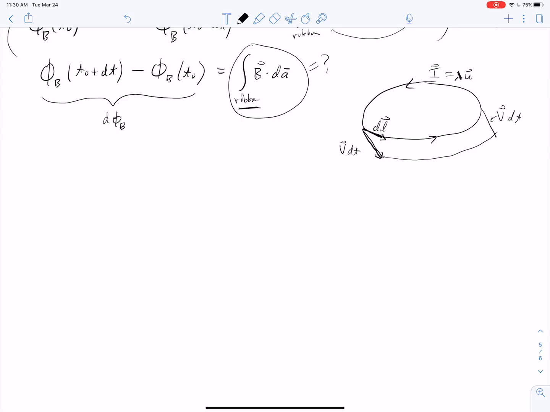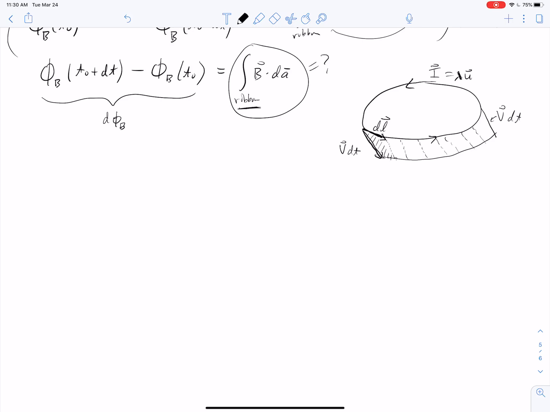Then, doing some clever geometry, I have a parallelogram. I can think of the ribbon as made up of all these little parallelograms. This is kind of clever geometry, but it's not that clever. You've seen this kind of stuff before. And so I can ask myself, what's the area of this little parallelogram?